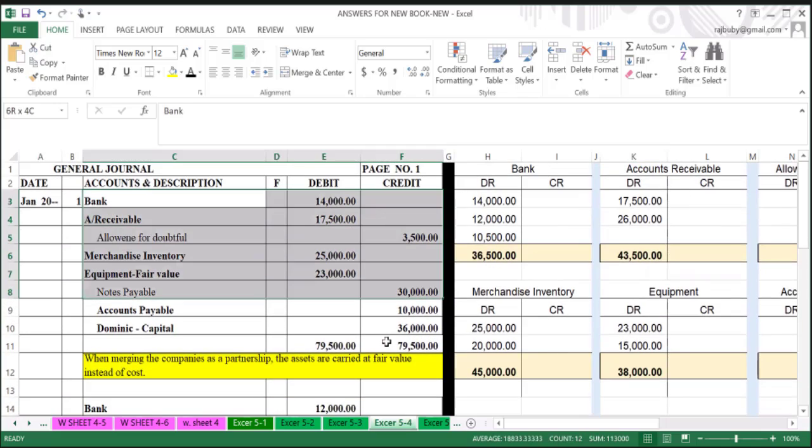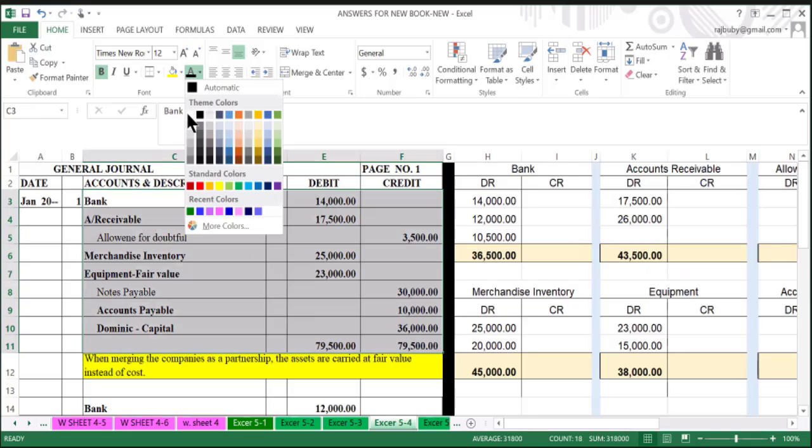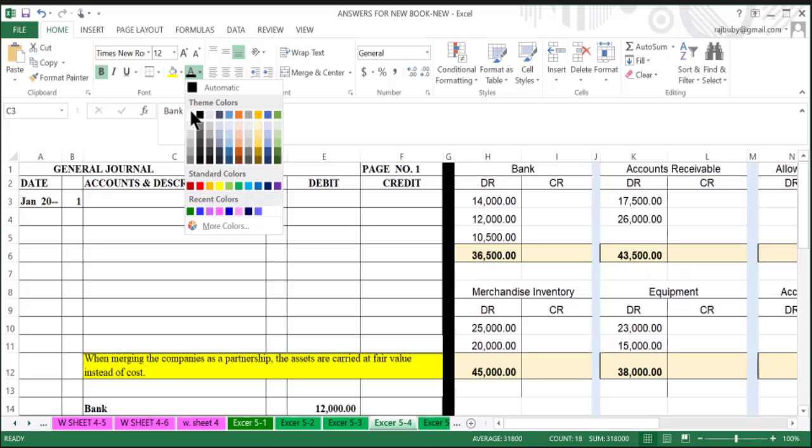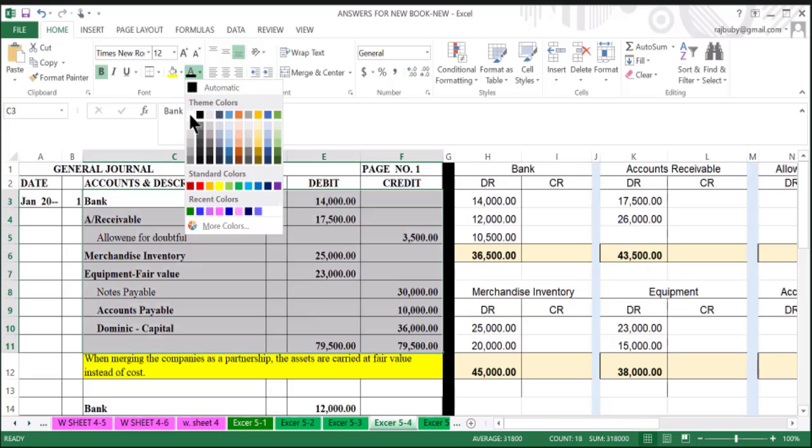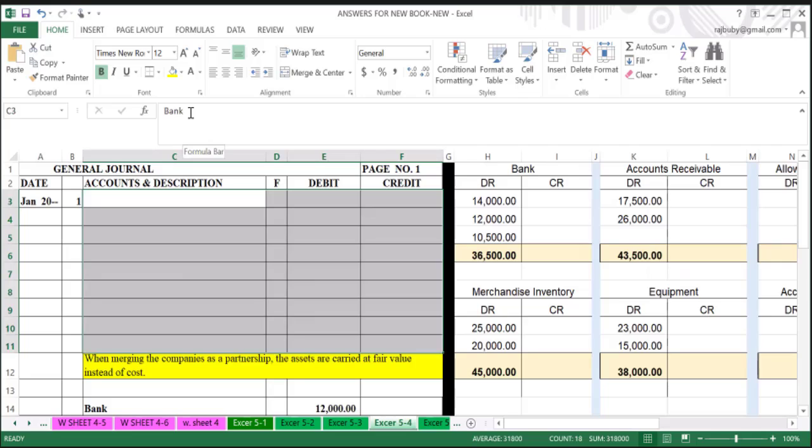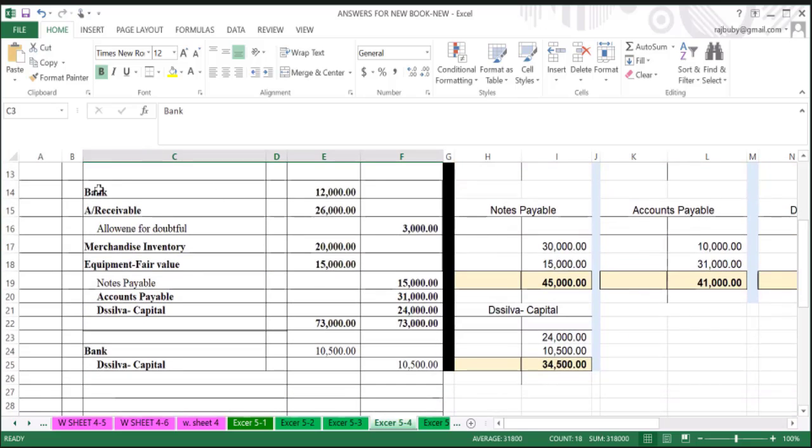The post-closing trial balances of two proprietors on January 1st. We can see then two companies, Dominic and Silva, decide to form a partnership on January 1st, 2018, and agree on the following valuations for the non-cash assets that they are each contributing.